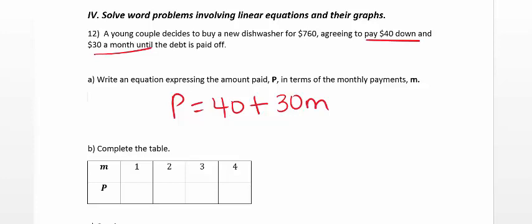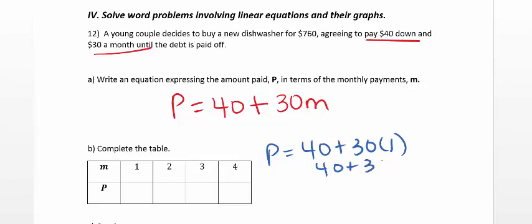Now to fill in the table, we're going to see what happens after 1 month. So we're going to plug in a 1. 40 plus 30 times 1, well 30 times 1 is 30, and 40 plus 30 is 70. So after 1 month, they've paid off $70.